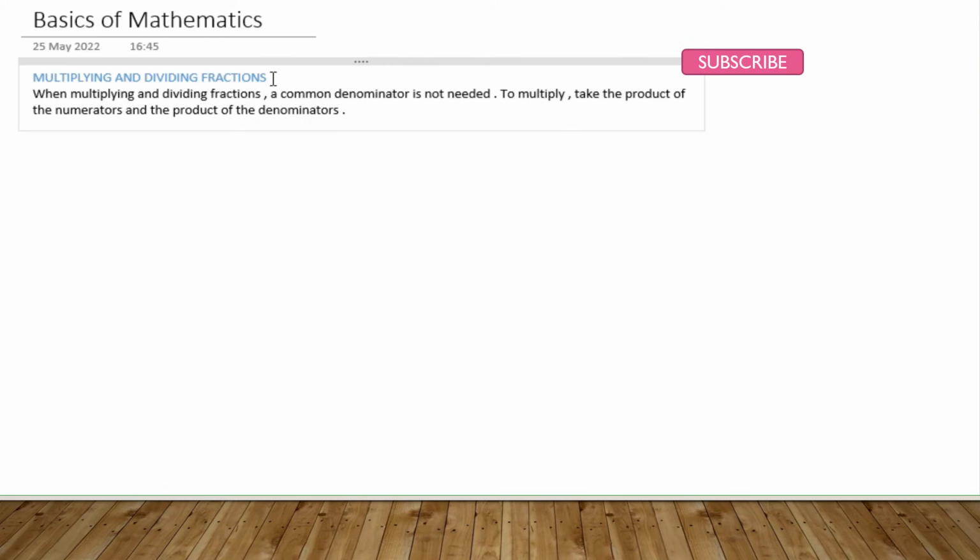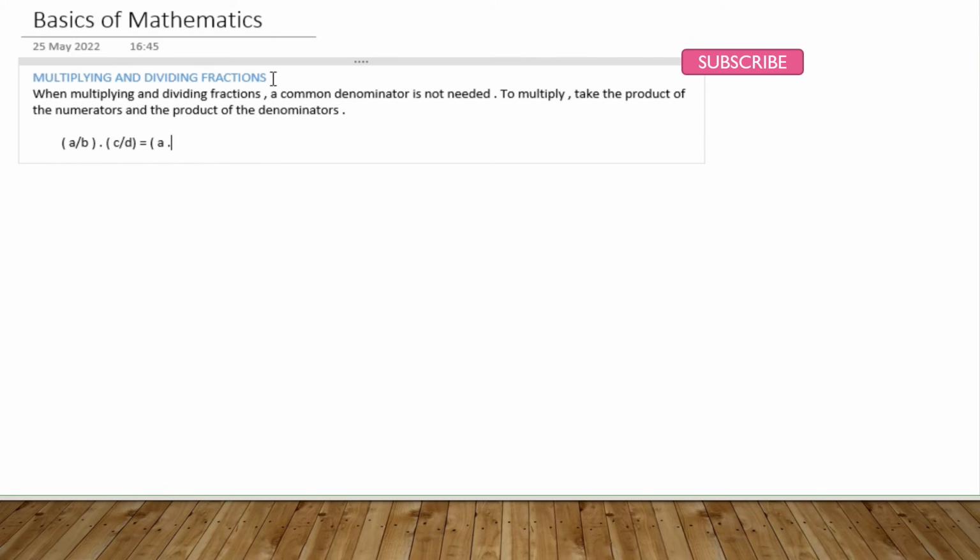Okay, let's see the example, general A by B. Example: A divided by B into C divided by D is equal to, what is the meaning of that?